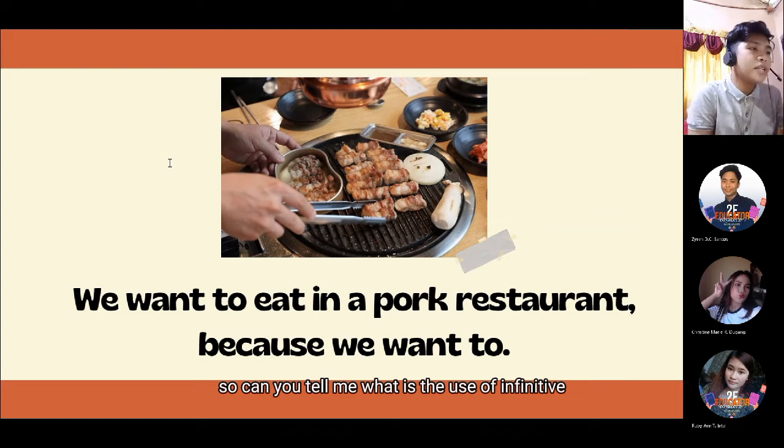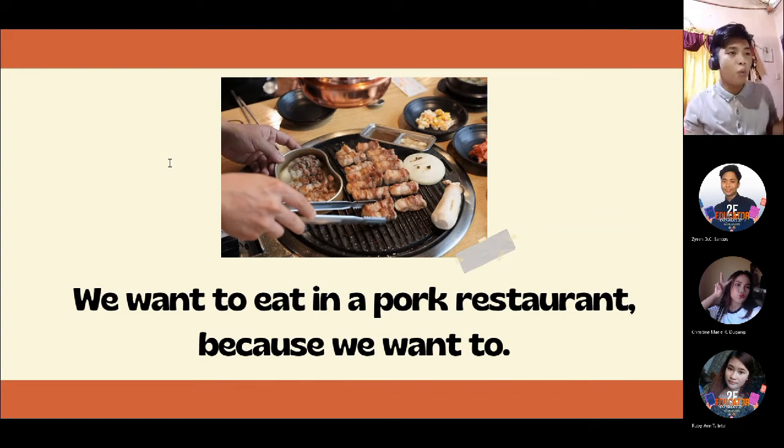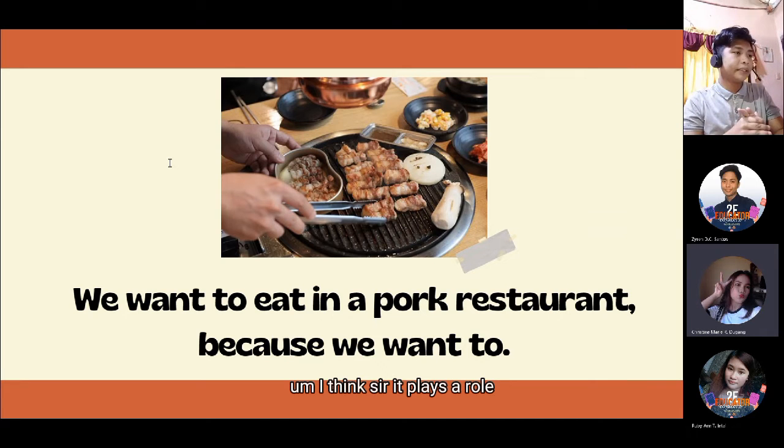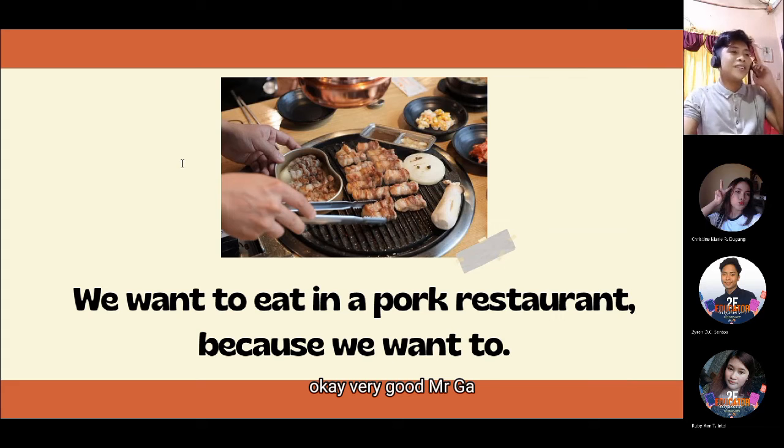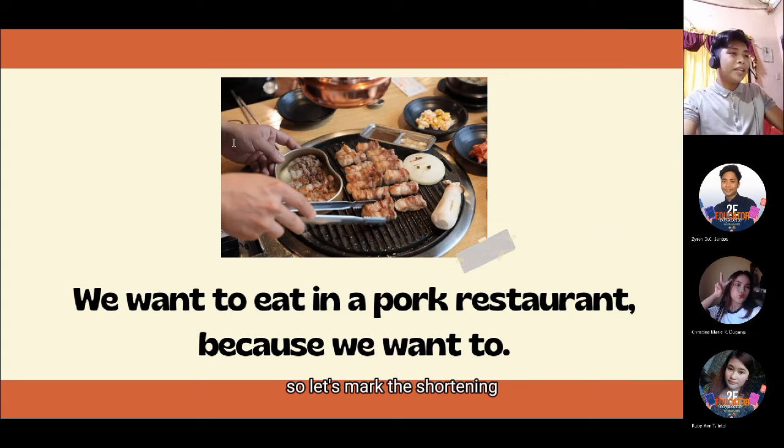Can you tell me what is the use of the infinitive want to here in the sentence? I think, sir, it makes the sentence shorter and not repetitive. Okay, very good, Miss Dugang. Let's mark the shortening infinitive and infinitive.